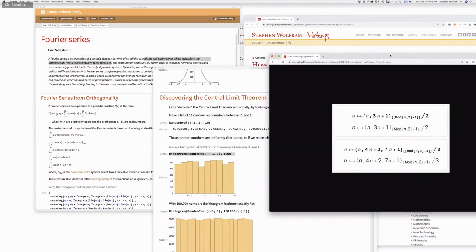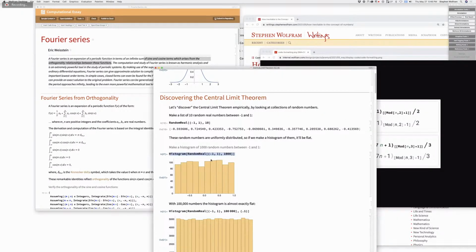I think we can solve the problem of making it easy to read. I read this like I read words: histogram, random, real. If I gray down these operators a bit, then what I'm seeing is something as unforbidding as a piece of English text, so to speak. And that to me is an important goal.